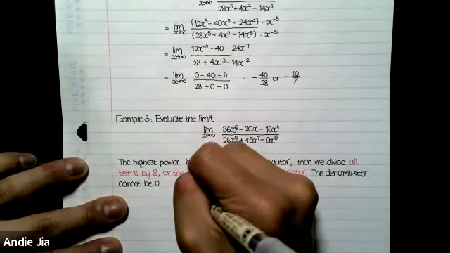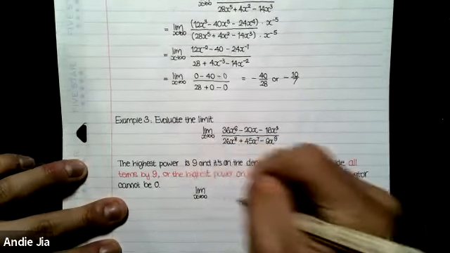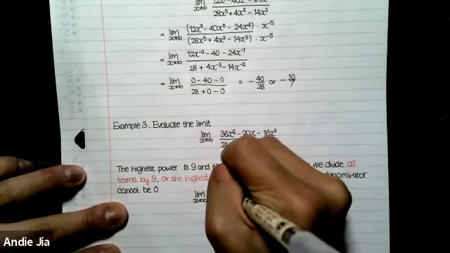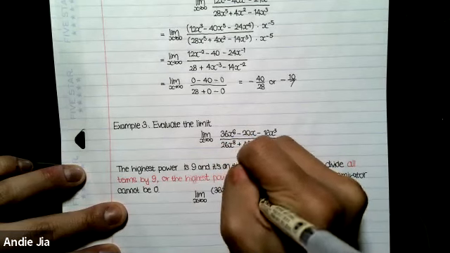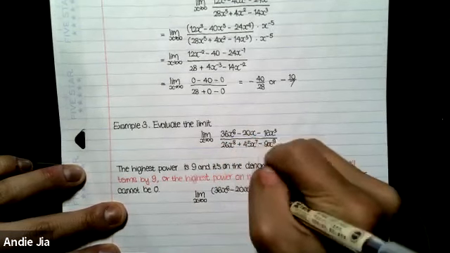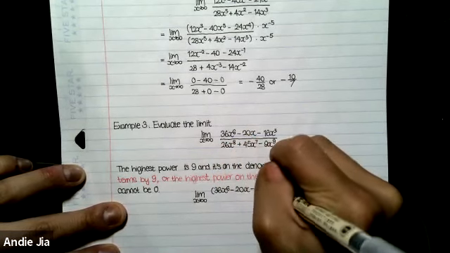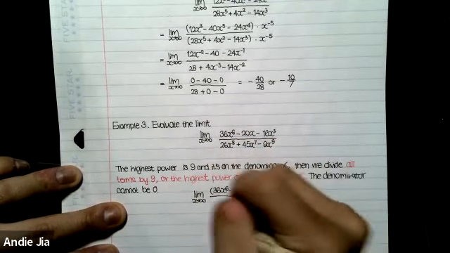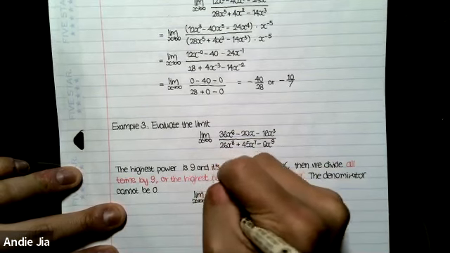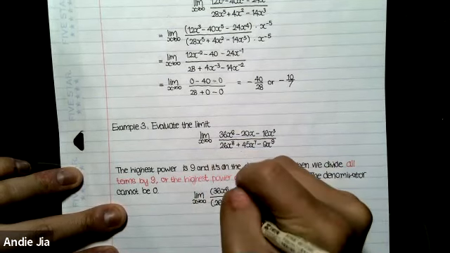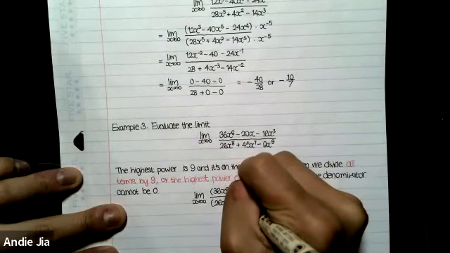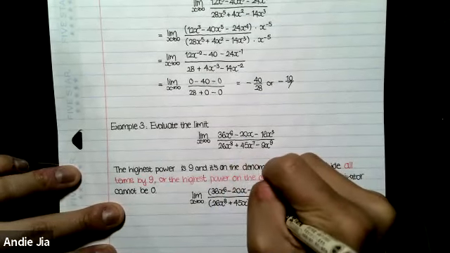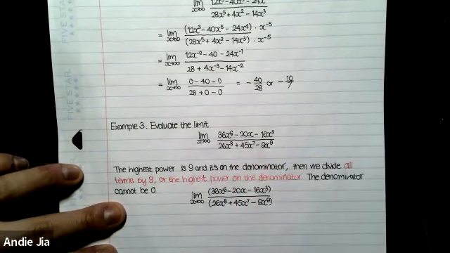Now let's go. 26x to the 8th plus 45x to the 7th minus 9x to the 9th.